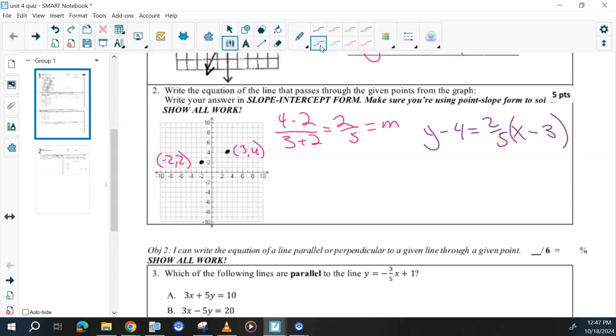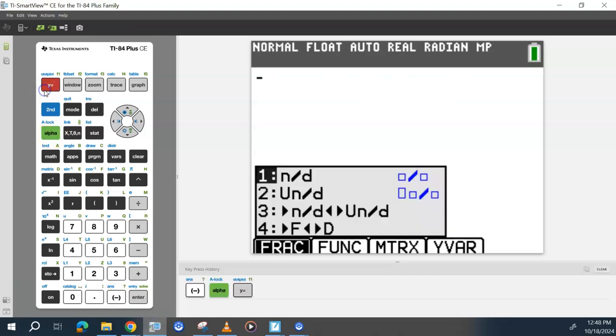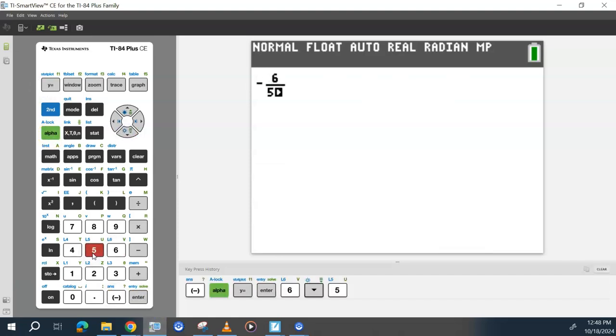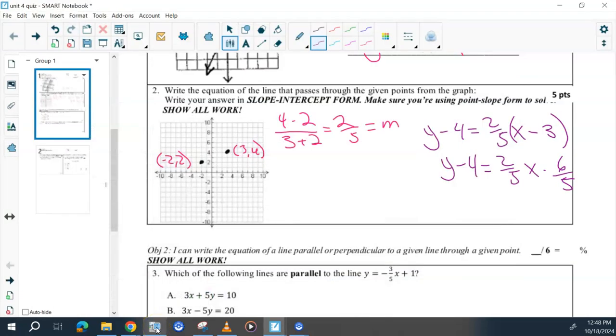And as you distributed and solved, this would have been y minus 4 equals 2/5 x minus 6/5. And when you added 4 on both sides, you got 14/5 or whatever that is as a decimal.